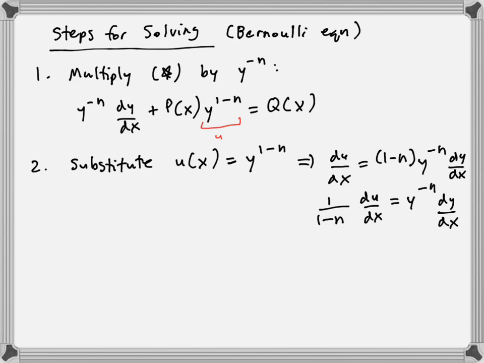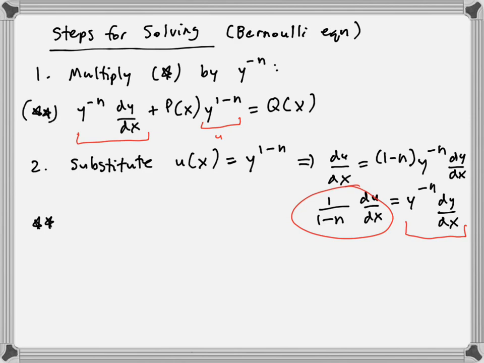But why did I do that? Because now we realize that that is right here, so we now know what to replace it with. It's going to be replaced with this: 1 over 1 minus n times du dx is equal to that. So then, what happens is, star, or you know what, let me call this star star.